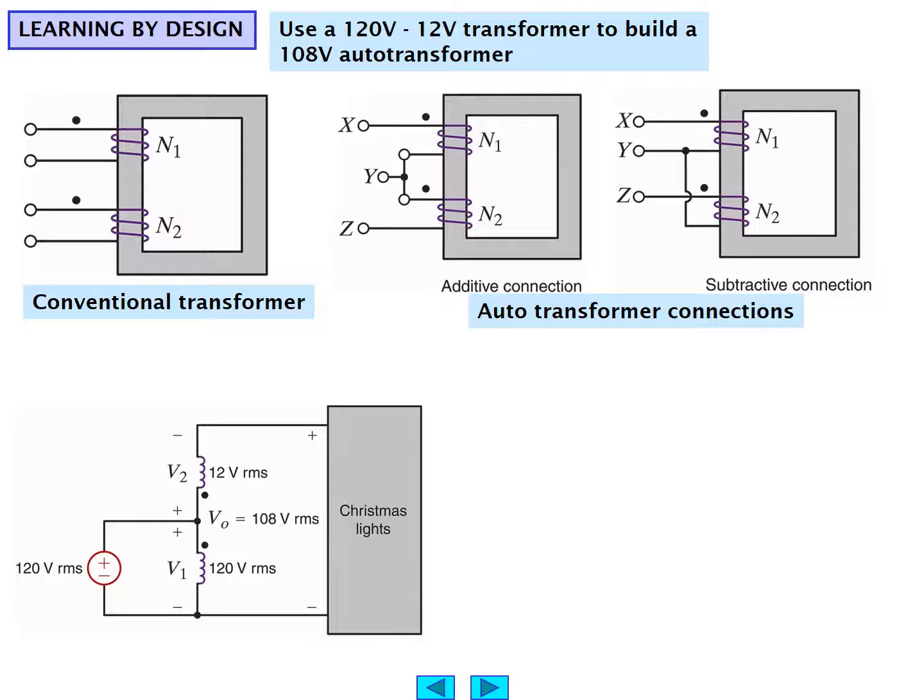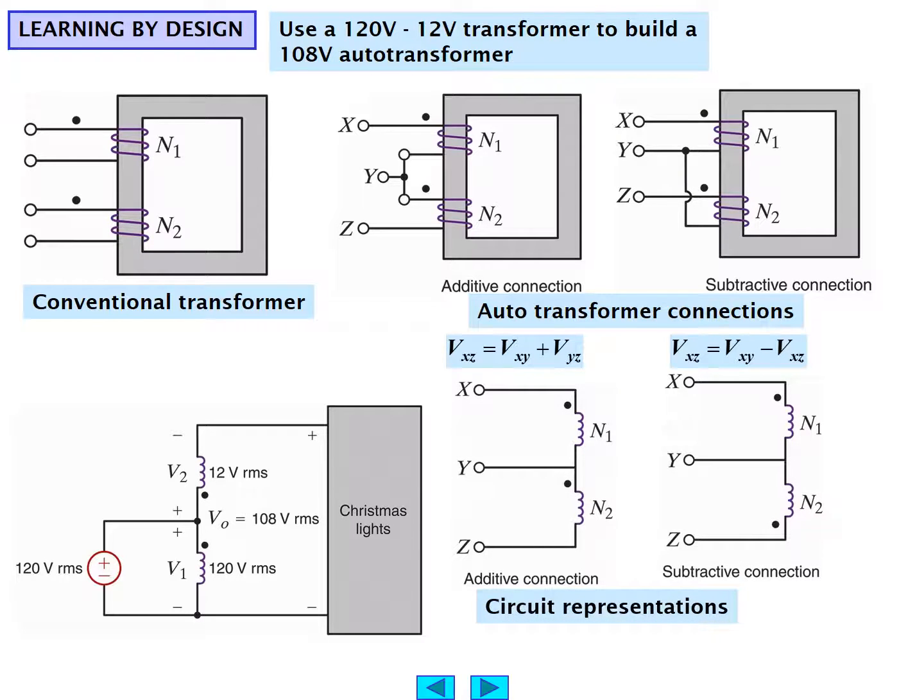So we can get, in this case, 108 volts RMS. And those, of course, are the processing equations that result, and those signs result because of the dot notation. In the additive connection, we have N1 and N2, and in the subtractive connection, we have N1 and N2, but it's the dots that have been reversed.